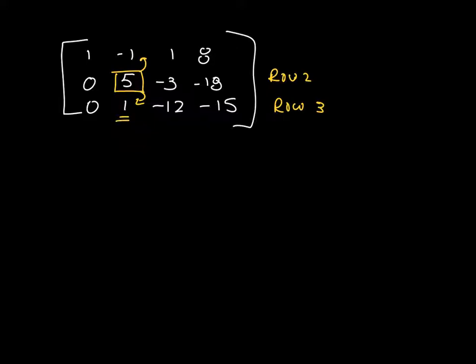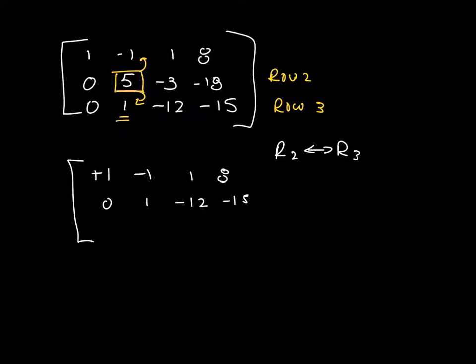So I'm just going to go ahead and swap those around and interchange row 2 with row 3. That gives me, the first row doesn't change. Row 2 is now 0, 1, negative 12, negative 15. And now row 3 is 0, 5, negative 3, and negative 18.